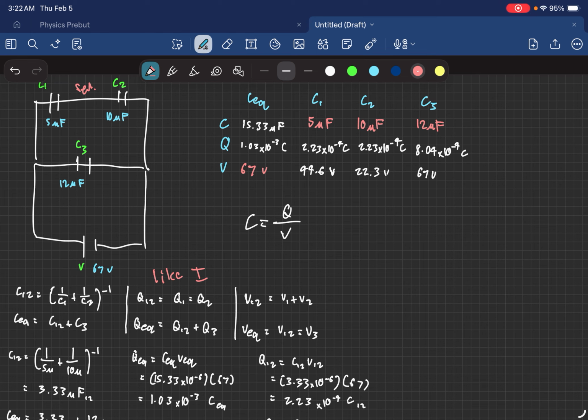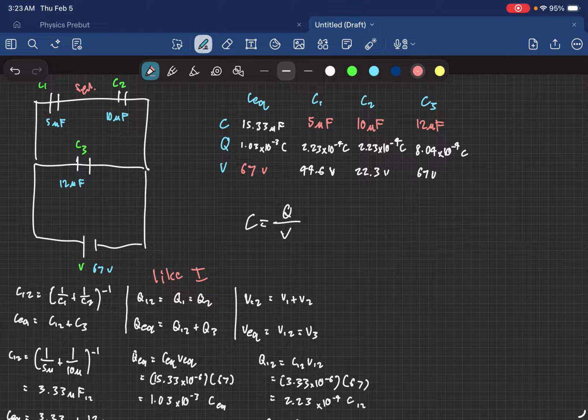So Q12 is equal to Q1 is equal to Q2, because in series, remember that the charge or current are equal. Next, QEQ is equal to Q12 plus Q3. So parallel, you add them. That's in your formula card.